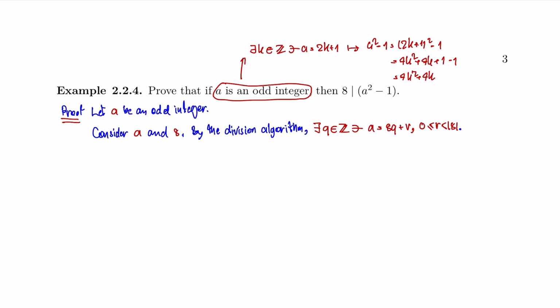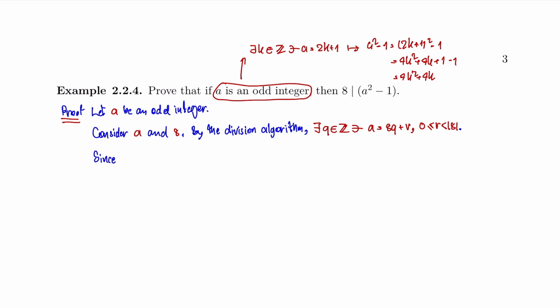But our a is an odd integer, so we are unable to list all the numbers r greater than or equal to 0 and less than 8. Here's what we have.